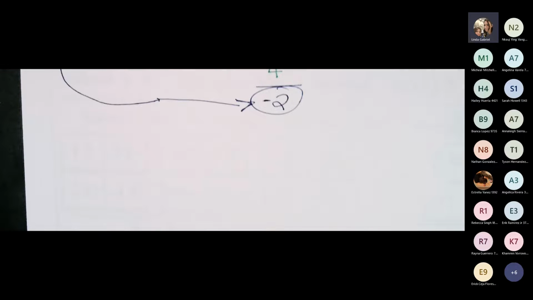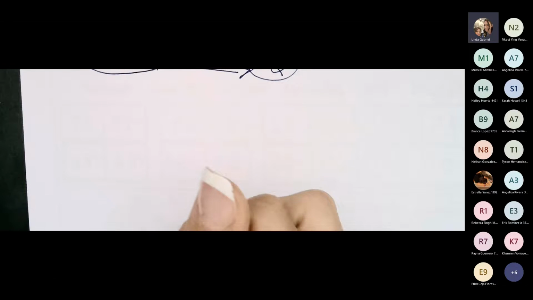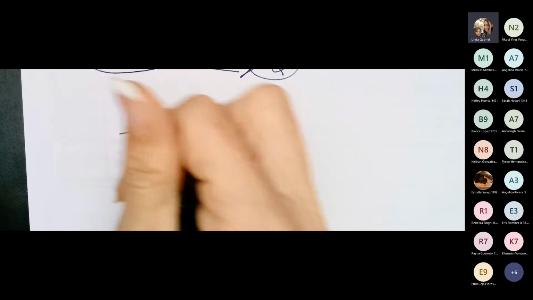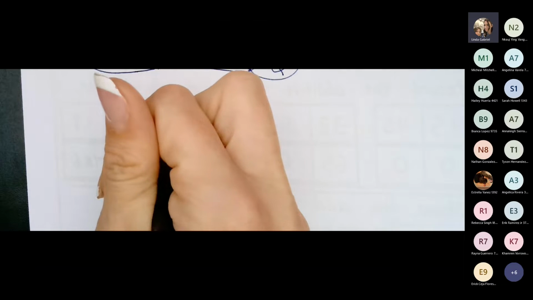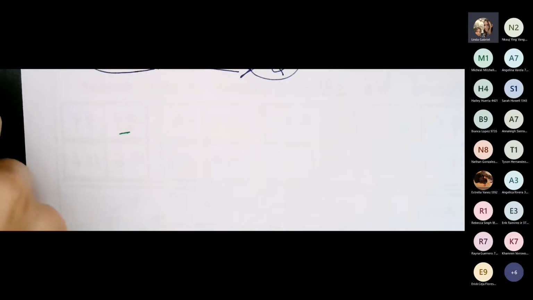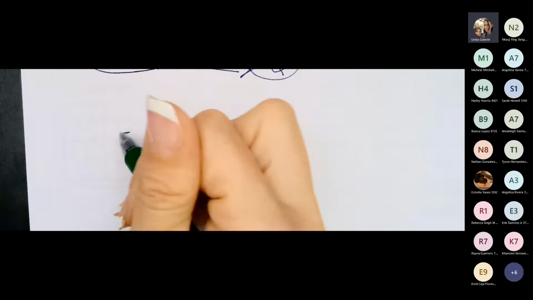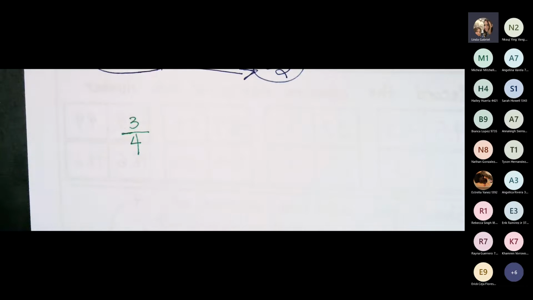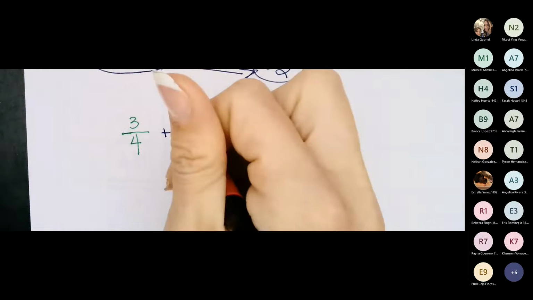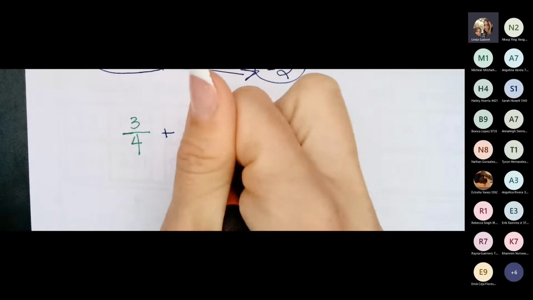And then from our homework last week, I'm going to do an example. I have, let's say, 3 quarters plus negative 1/12.